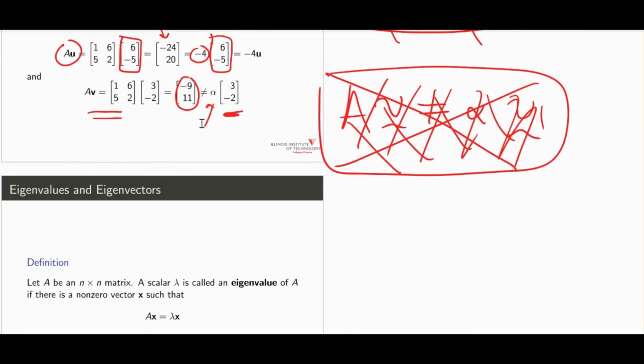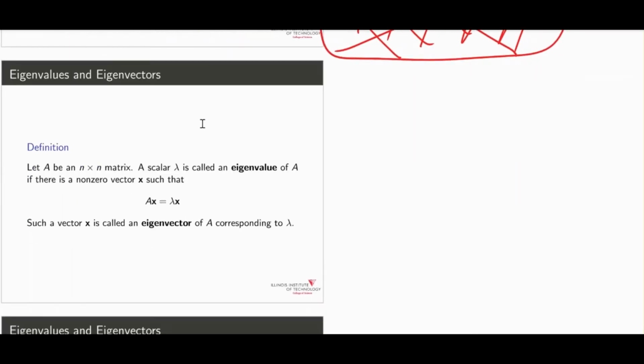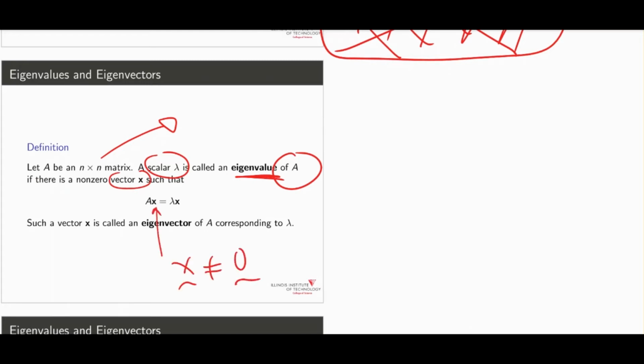So let's look at the definition, okay? This is the definition right here. If you have a square matrix, it has to be square, all right? A scalar, which is a number, is called an eigenvalue of a matrix A if there is a non-zero vector x. This vector x here has to be non-zero. This is very critical because if your vector is 0, then the situation is very trivial.